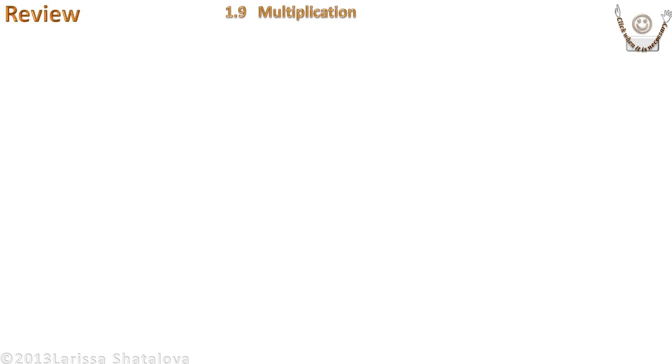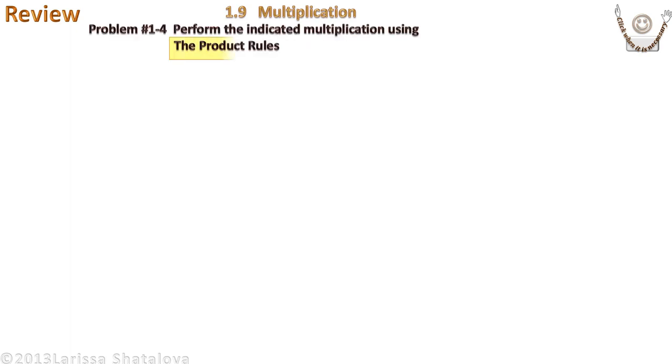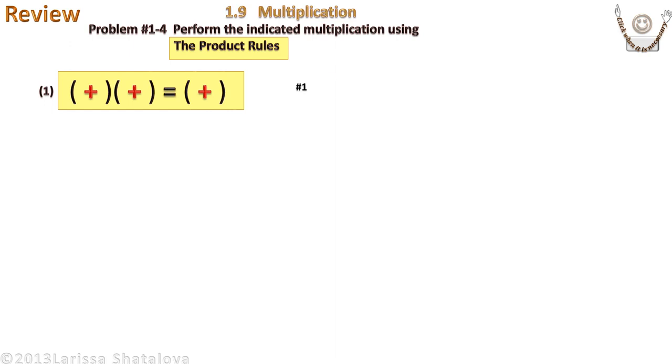I want us to review product rules before we work out the distributive property. Rule number 1: positive times positive results in positive. Example number 1: 3 times 4x using a cross, or 3 times 4x using parentheses, or 3 times 4x using a dot. The result would be 3 times 4, 12x.